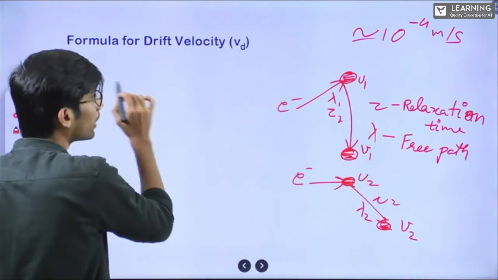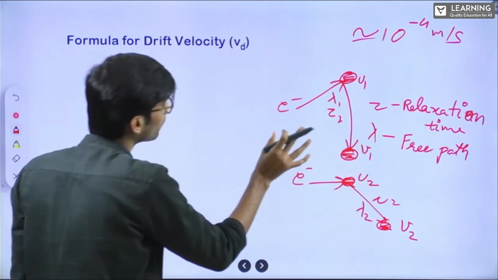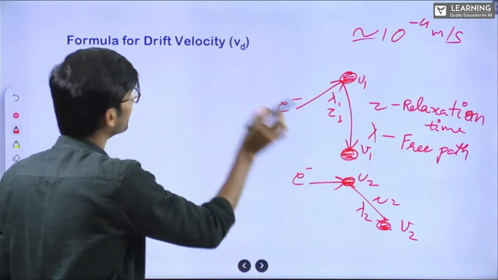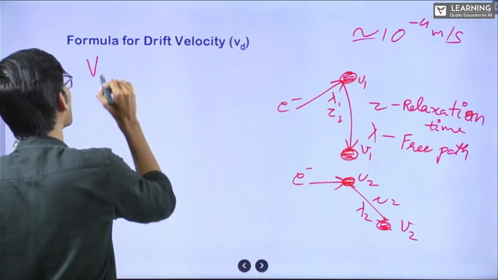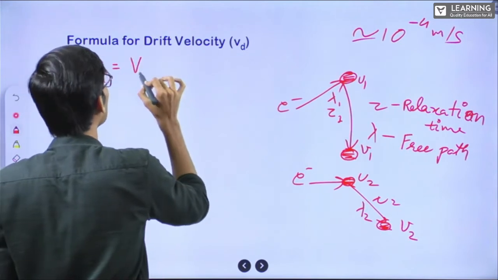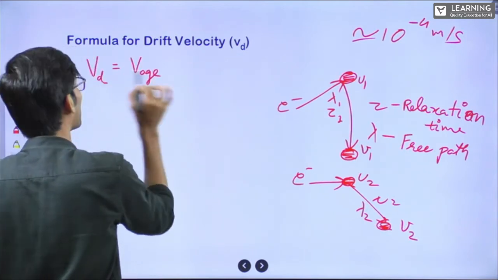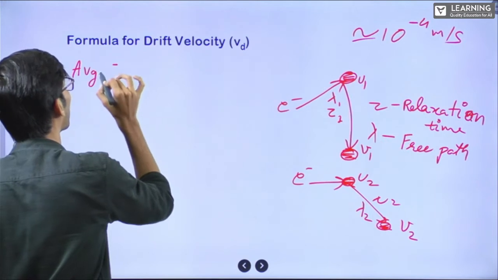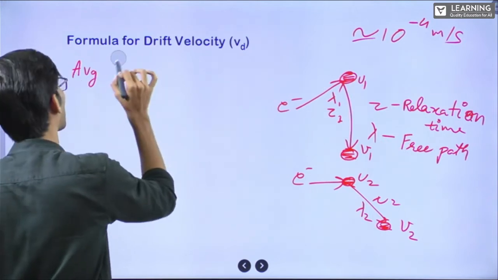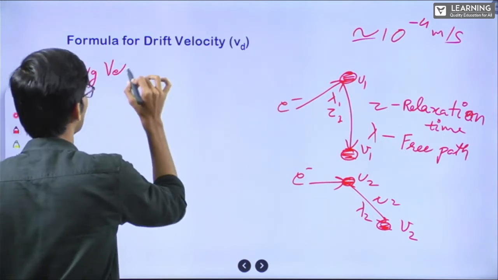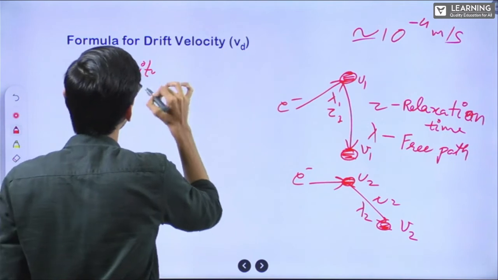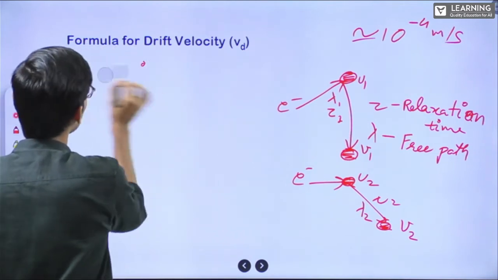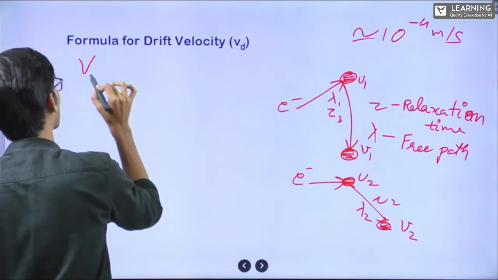Okay. So now if I want to write this, drift velocity is nothing but the average velocity of all the electrons. I'll just write Vd.